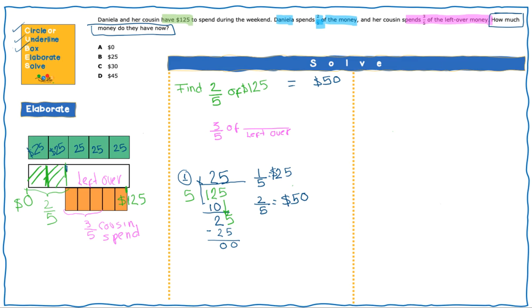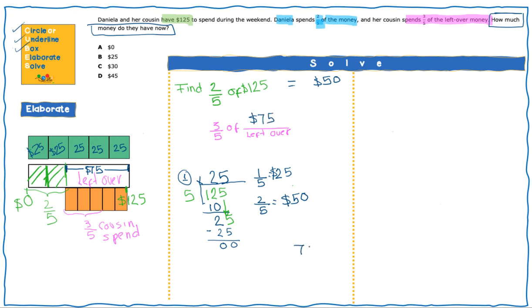Exactly, from here to here is 25 plus 25, 50. 50 plus 25, excellent, that's 75. Great. So I need to figure now 3/5 of 75.